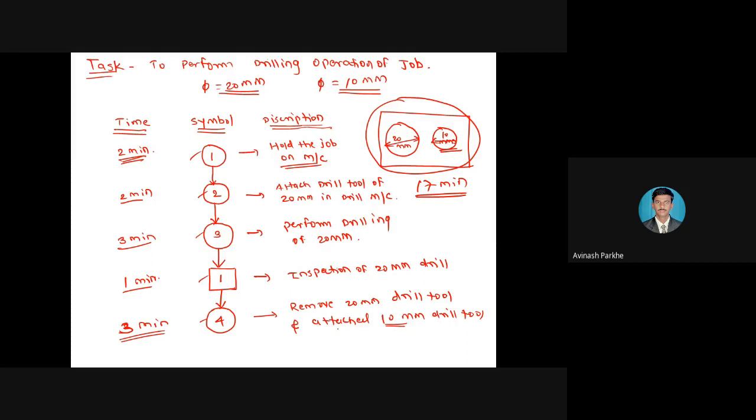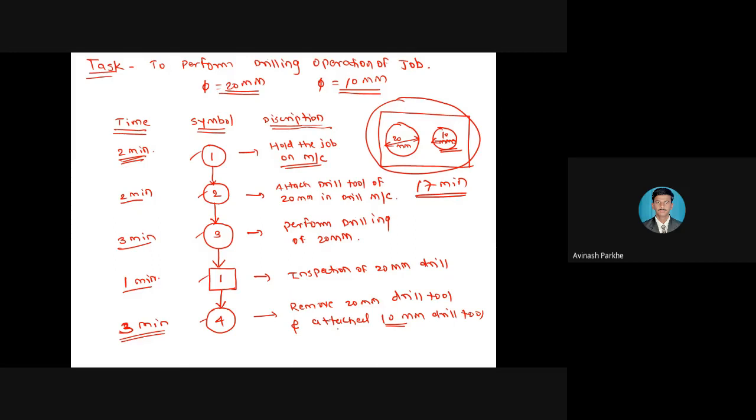Then you perform the turning operation to reduce the diameter. Then you perform some chamfering operation, maybe some taper operation. After that, you perform a threading operation. So like that, the number of operations you perform, each and every operation can be recorded by using this chart, and those charts are called operation process charts.